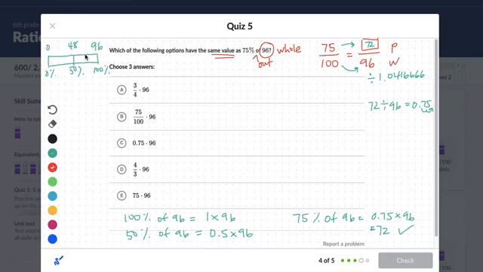And then 75% would be halfway between those two. So you would just find the number that's halfway between 48 and 96, and when you do that, you get 72. So there's 3 different methods for you to get that answer, which doesn't matter because you're just finding the answers that get you to that magical number, which is 72.